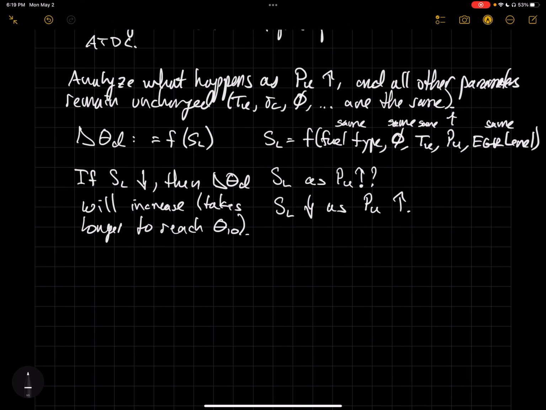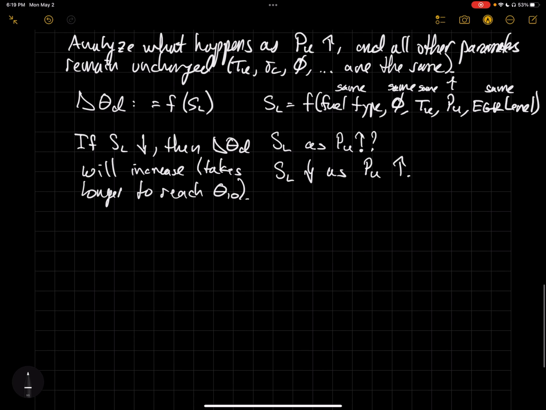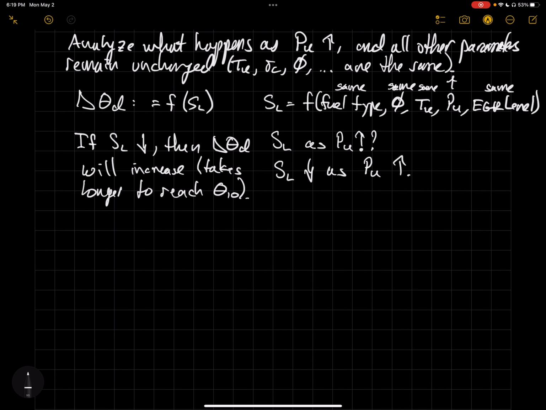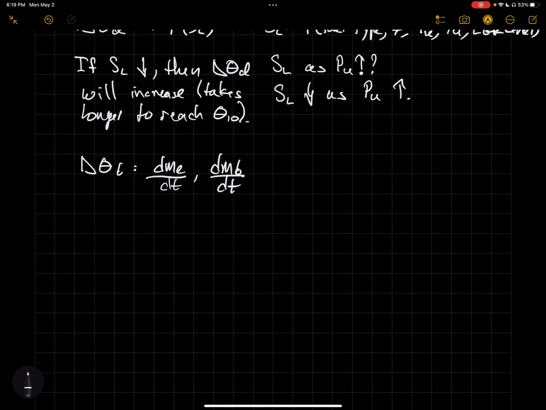Okay, but let's see what happens to the entrainment rate, or the rapid burning period. So now remember that the rapid burning period, delta theta B, depends on the mass entrainment rate and the burnup rate, dmB by dt. Okay, so let's take a look at what influences the entrainment rate, dme by dt, and that equals the unburned gas density times the flame front area times the turbulent intensity plus the laminar flame speed.